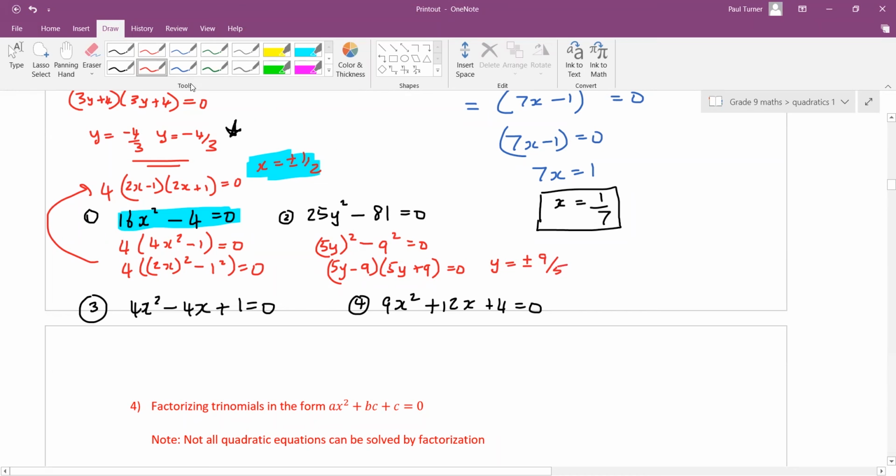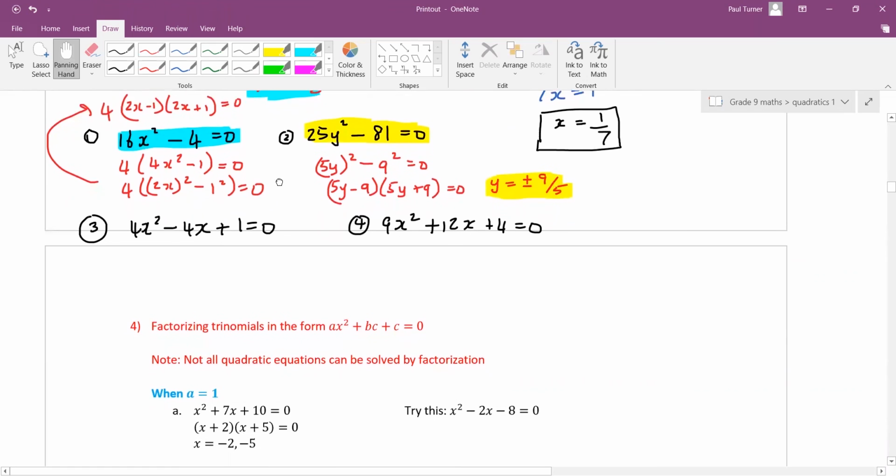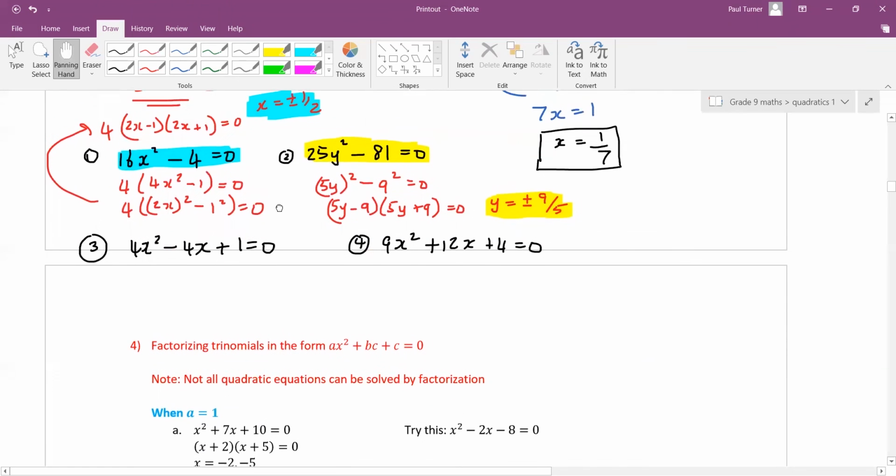Okay, you have more space to write than me, so I'll try to make it a bit smaller. So that's the answer for this one here. Okay, got that? Okay, so that's those two. I'll just come up to here.